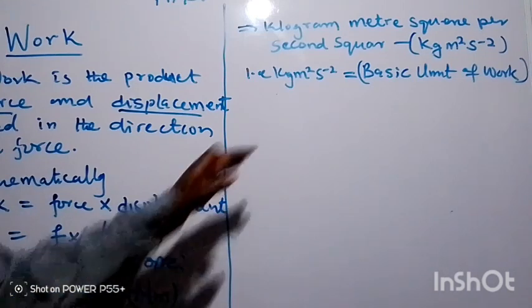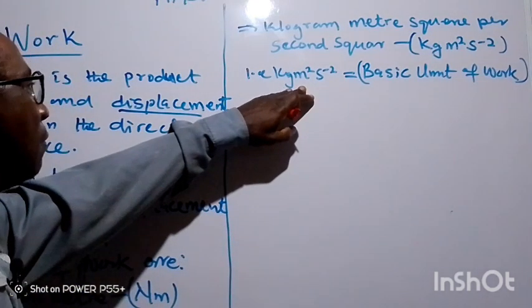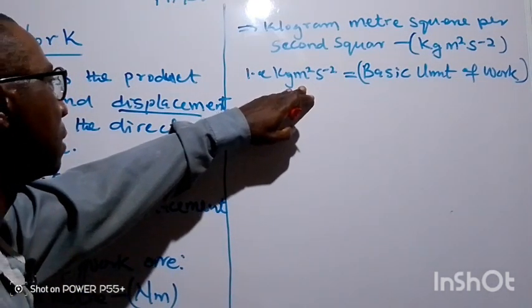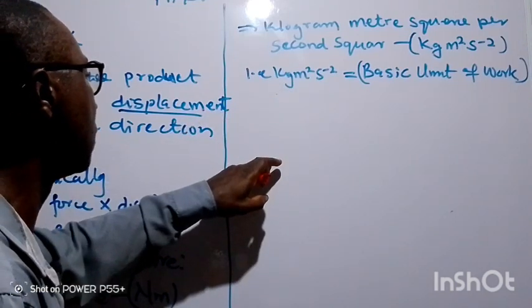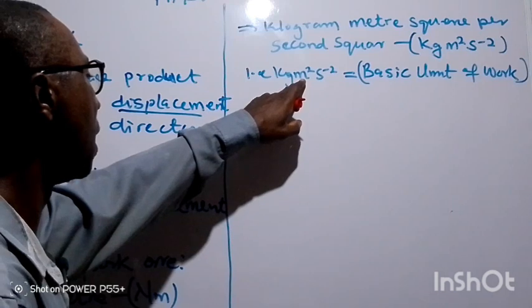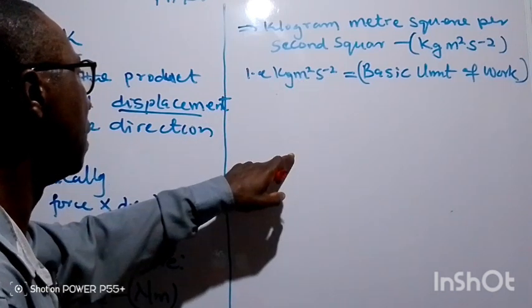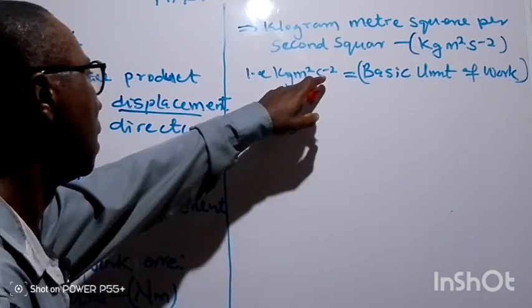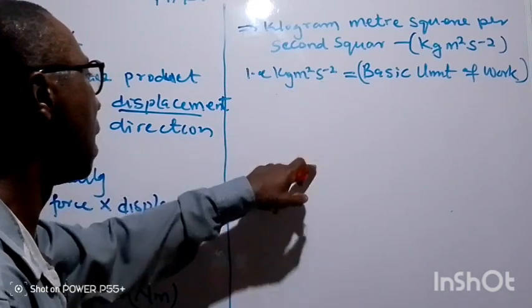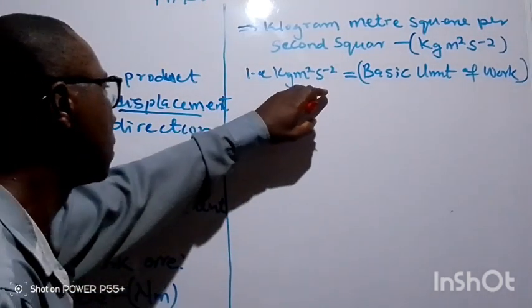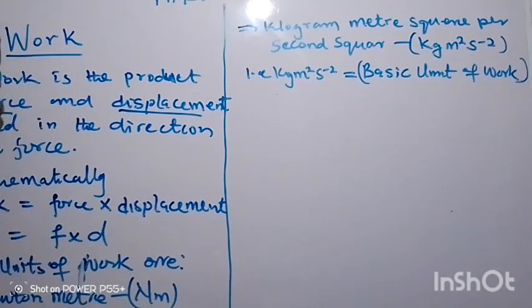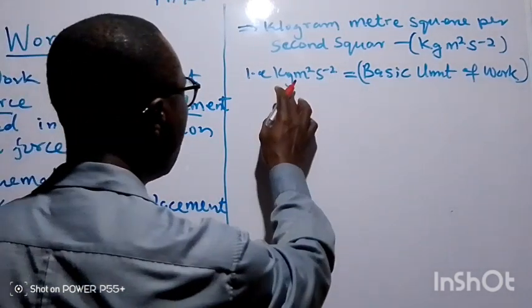Because all the units here are from fundamental quantities. Kilogram is for mass, and mass is a fundamental quantity. Meter is for length, and length is a fundamental quantity. And second is for time. Time is a fundamental quantity.